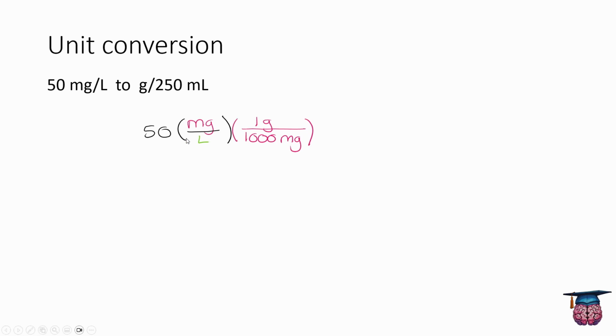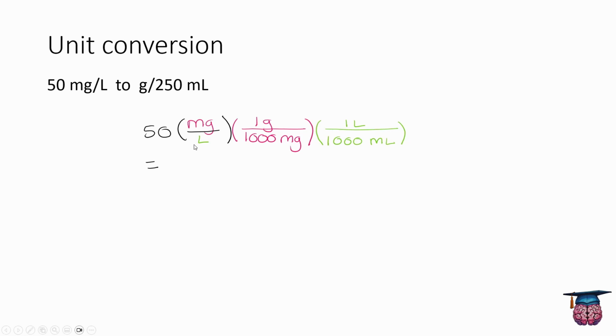And we're going to do something similar for the volume. So every 1,000 milliliters is 1 liter. Now, take into account the order in which we write this. So for example, we want to get rid of the milligram unit, so we need a milligram below the line.